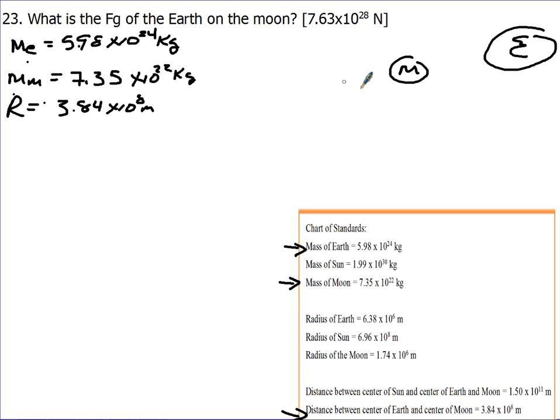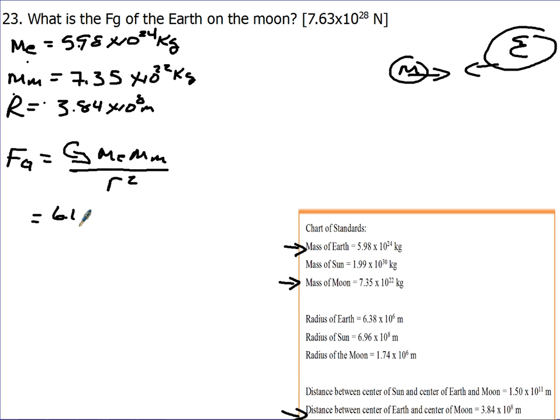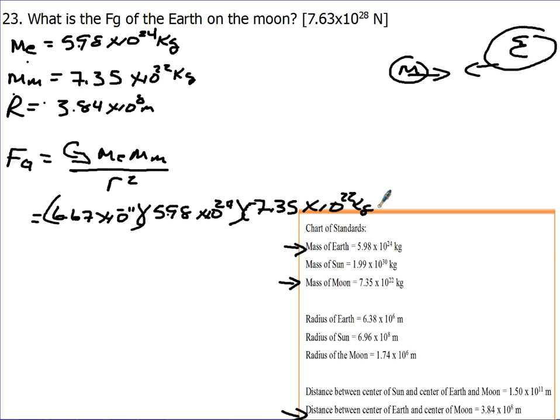So the attractive force between them is going to be Fg is big G, mass of the Earth, mass of the moon, divided by the radius between them squared. Remember, big G is 6.67 times 10 to the negative 11 times the mass of the Earth, 5.98 times 10 to the 24th kilograms, times the mass of the moon, 7.35 times 10 to the 22nd kilograms.